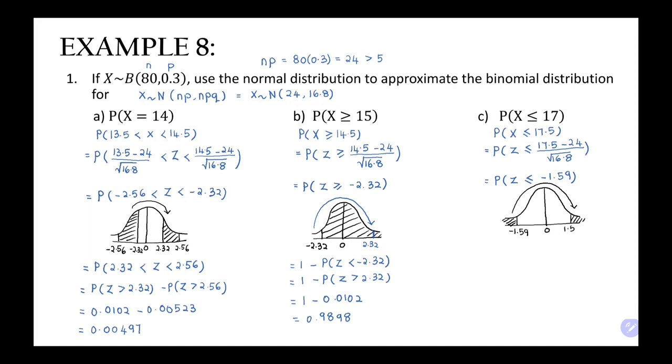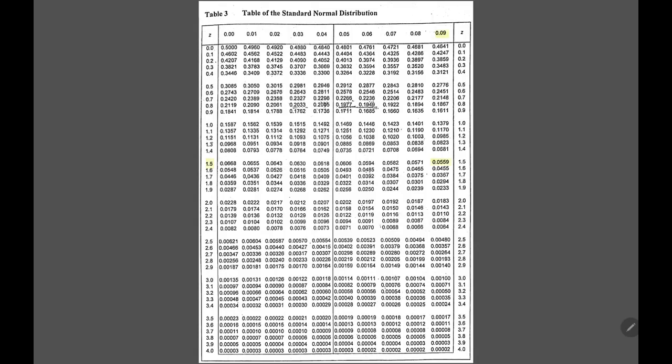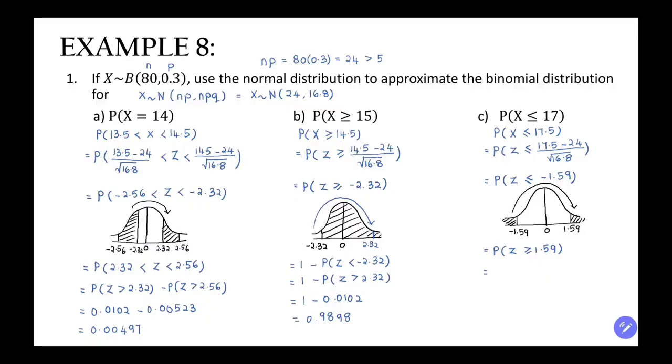So 1.59. Then we can change P(Z greater than or equals to 1.59). Then we check from table 1.59, so 0.0559.